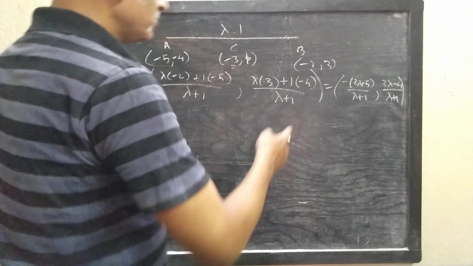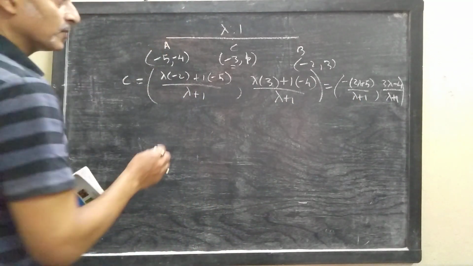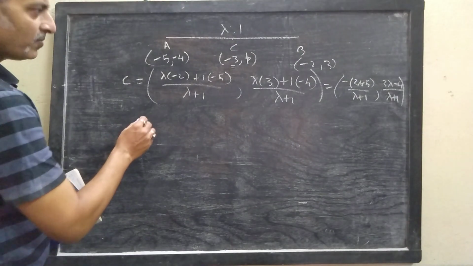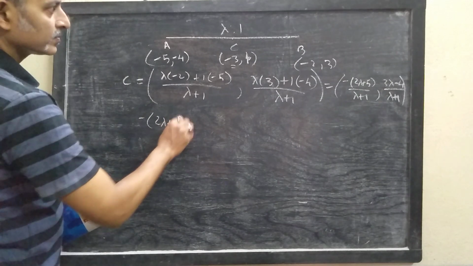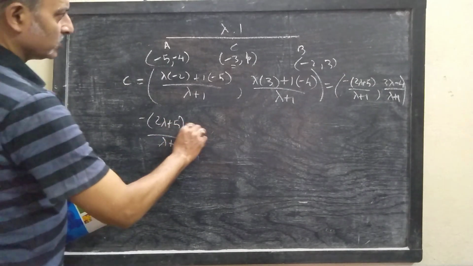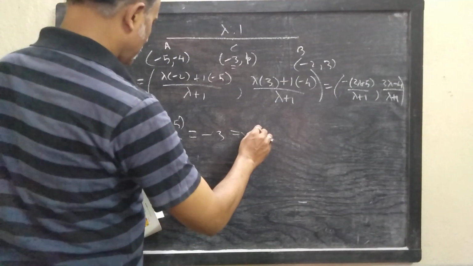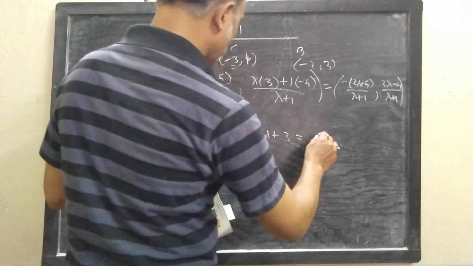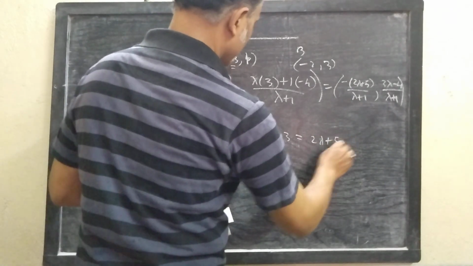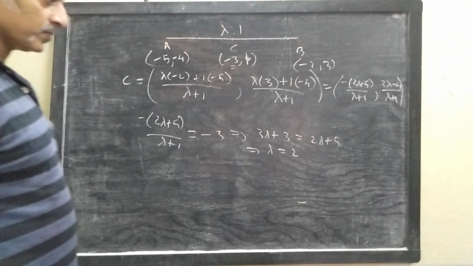So according to the question we have minus 2 lambda plus 5 by lambda plus 1 equals minus 3. So we get 3 lambda plus 3 equals 2 lambda plus 5, which ultimately gives lambda equals 2.